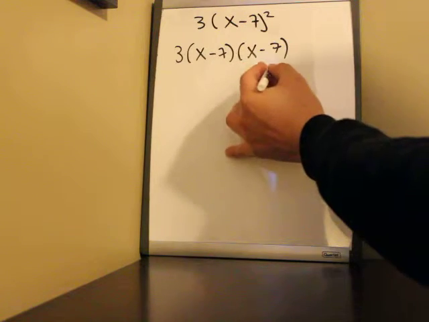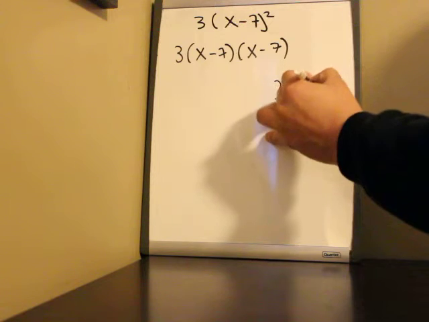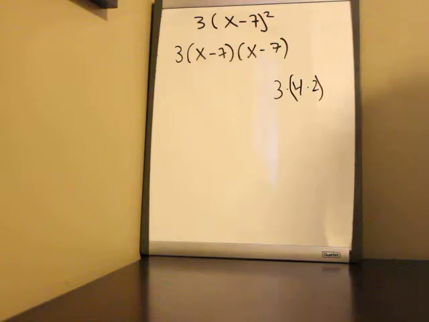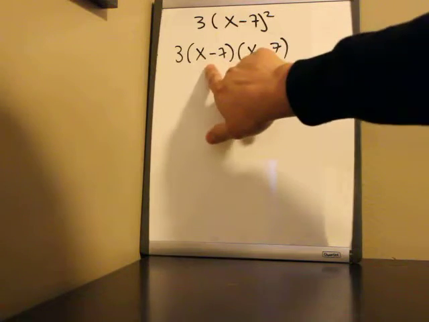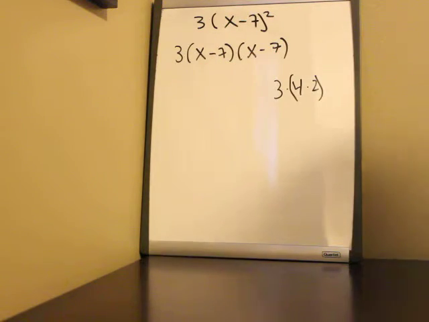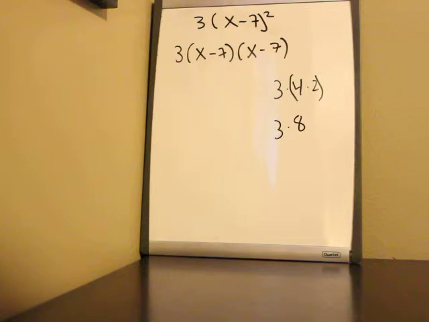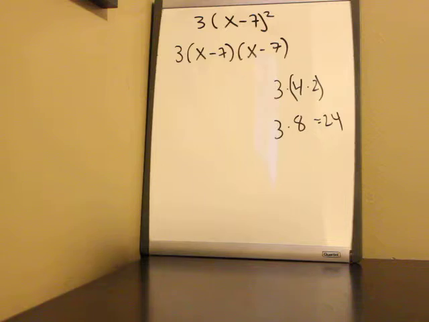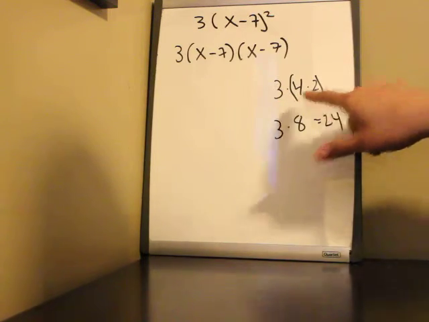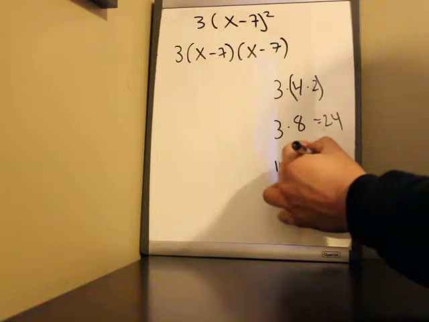If we have 3 times 4 times 2, okay? Well, we first can do 4 times 2, which is the same thing as doing these two multiplying together, and you get 3 times 8, which gives you 24, or we can do 3 times 4, which is 12, and then times 2, which is 24.